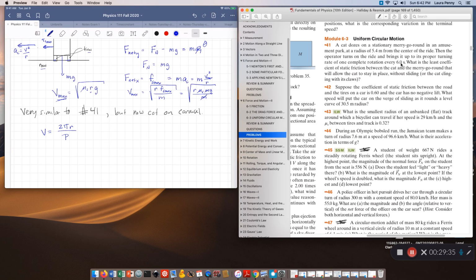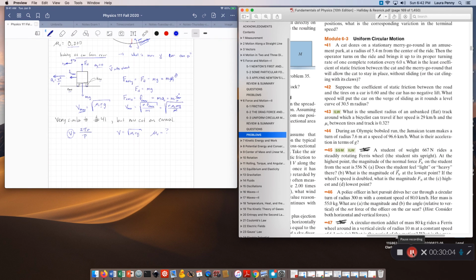And then since you now know v, that still has to be equal to the square root of mu sub s, r, and g. So you're going to now figure out what mu sub s has to be to allow this cat not to slide off the merry-go-round.